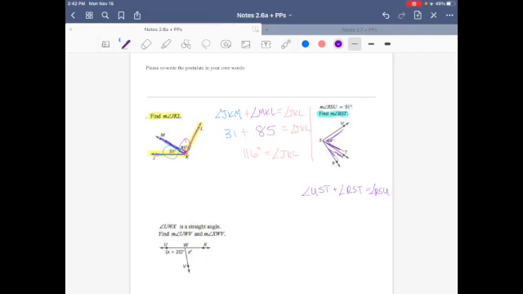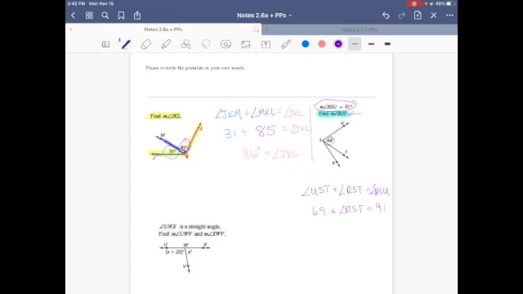So if we add those together, we're going to get this big angle, which is USR, or RSU. So UST equals 69 degrees. RST, we don't know. That's what we're looking for right there. But then it tells us RSU is 91.